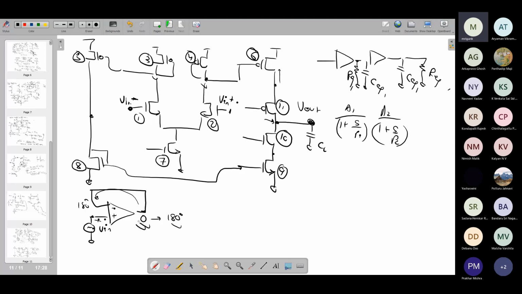That kind of condition you have studied, the Barkhausen stability criteria, in your oscillator circuits or even in your control systems or signals and systems. So this basic stability criteria should be known: at the point at which your overall phase shift becomes 360-degree, the loop gain should be less than 1.